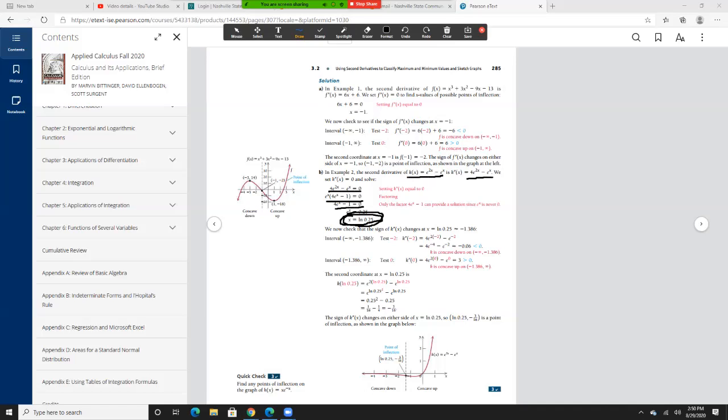The natural log of 1/4 is just a decimal, and if you plug that into your calculator, it will convert that for you. So all you really need to do is pick a test value to the left of -1.386. I would say choose -2. In fact, that's what they did. And then pick a value on the right side. If you can ever use 0, use it. And they plugged in -2 and 0, and they figured out that it's concave down on one side and concave up on the other side.